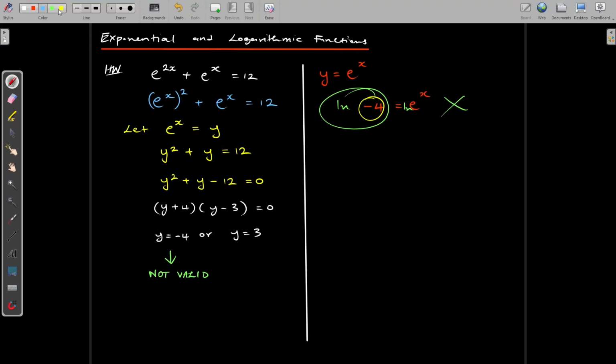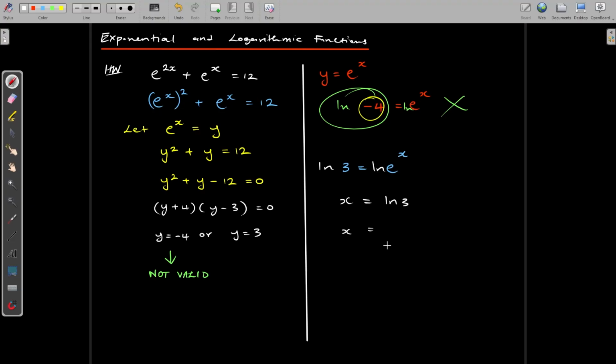So now with the second solution, where 3 is equal to e to the x, we can definitely take the ln of both of these sides. So ln 3 is equal to ln e to the x. So therefore, x is equal to ln 3, and the decimal equivalent of that.